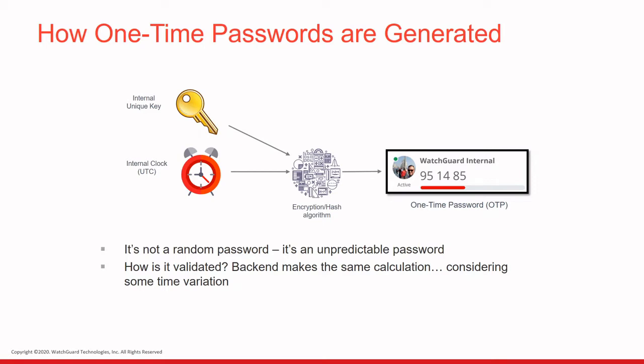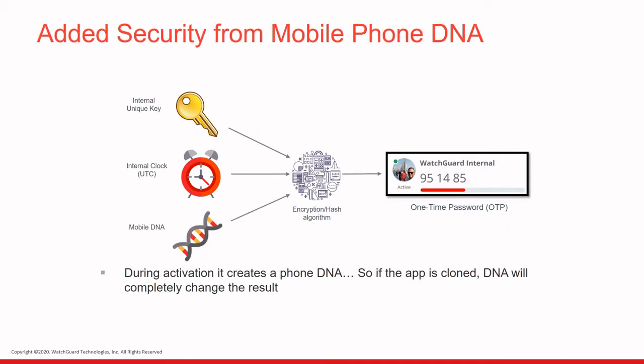To validate it, the back end makes the same calculation that the authenticator is making on your phone. We also have an added security feature, the mobile DNA. What we're talking about here is that the mobile DNA, or phone DNA, is also a part of the algorithm that runs on the authenticator in your phone.